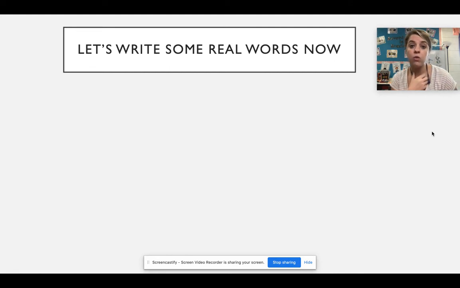Okay? Now, let's write some real words. Remember, this week we're working on WH and PH. So if we hear those sounds in our words, we need to think about how we are going to spell them. All right, so our first word that I want you to write is graph. Let's pound it out.